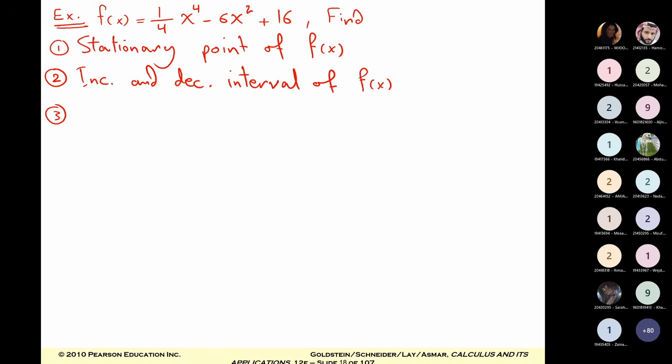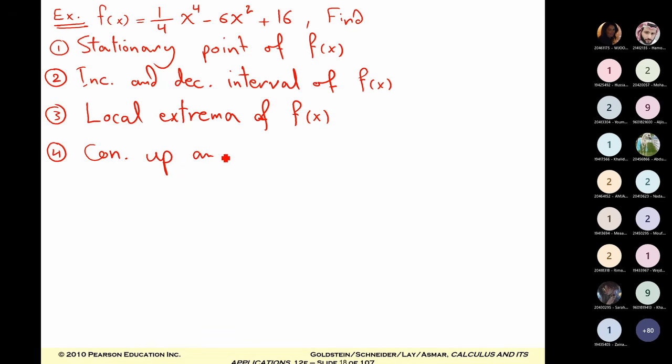Number 3, local extrema of f of x. Number 4, concave up and down interval of f of x.